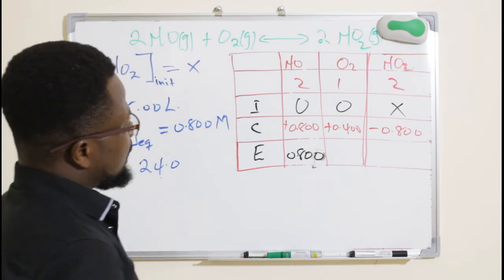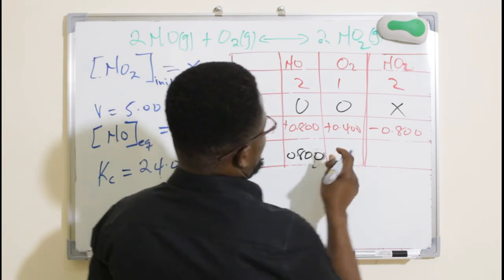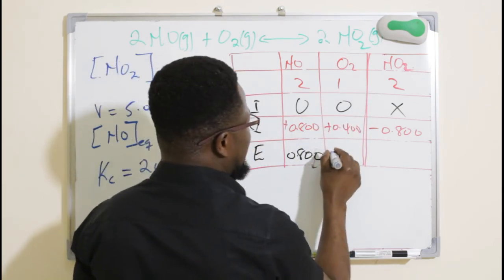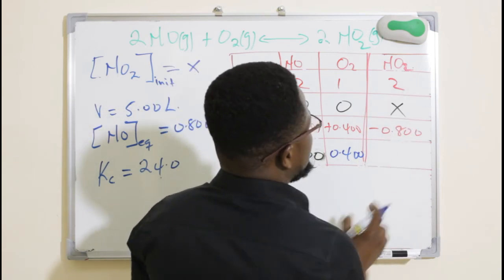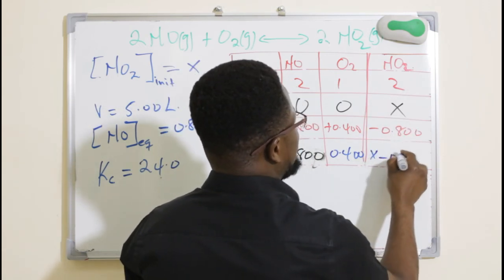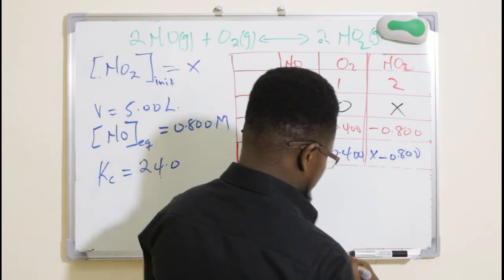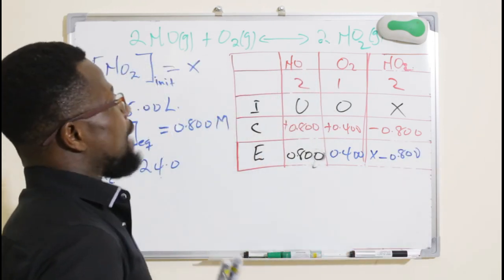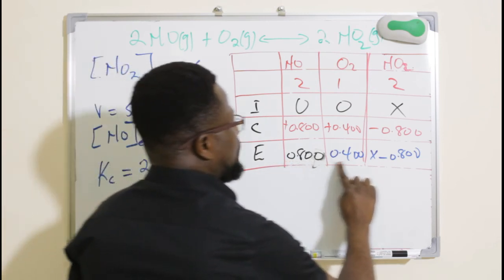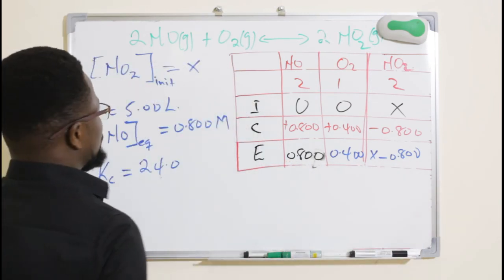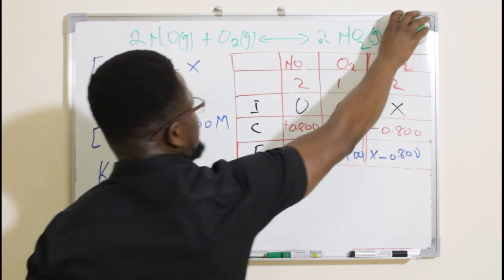Okay, let's try and complete the table. We add these together, so here is still going to be this, and on this side is going to be X minus 0.800. Now I have completed the table. I know all the equilibrium concentrations, so I can find my Kc.